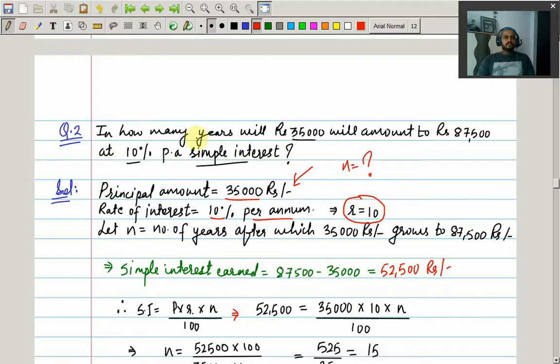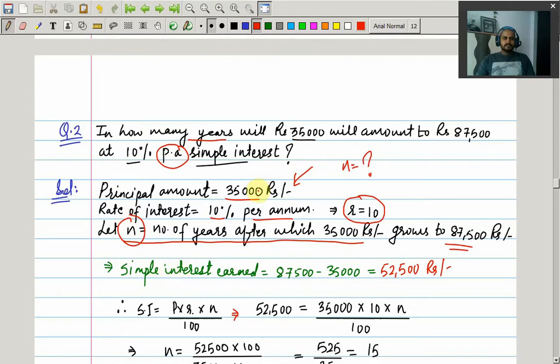Since they're asking about how many years and the rate of interest is also per annum, that's easy for us to calculate. Let n be the number of years after which 35,000 grows to 87,500. So we have to find this n.